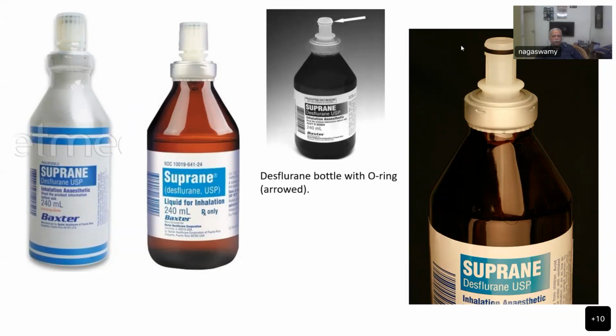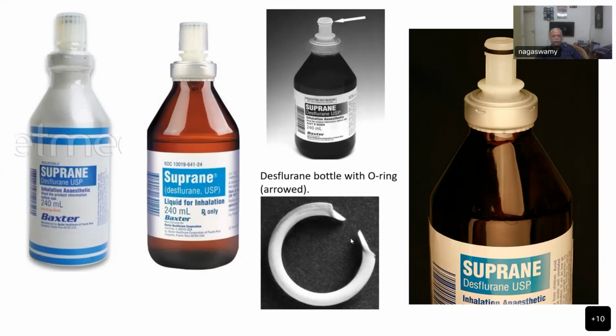The arrow is showing the O-ring. Sometimes this O-ring can get damaged. If it gets damaged, when you try to fill the bottle, the whole liquid will come out or get spilled. It will not fill the evaporation chamber. So you have to make sure that this O-ring is intact when you use this bottle.